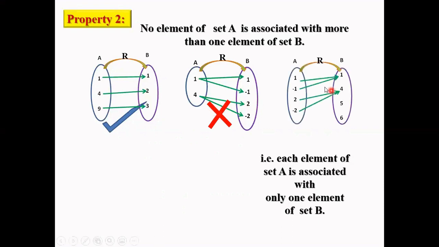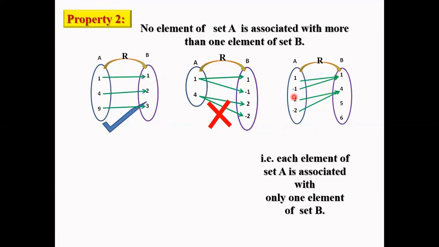Another example, 1 has second component 1, minus 1 has second component 1, 2 has 4, minus 2 has 4. In this one, each element of set A is associated with only one element of set B. The element in B is repeated, but it is associated with only one element here.